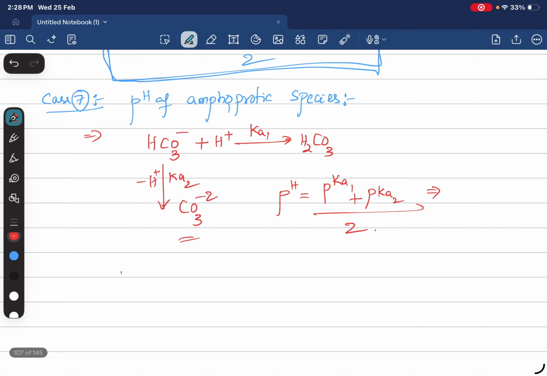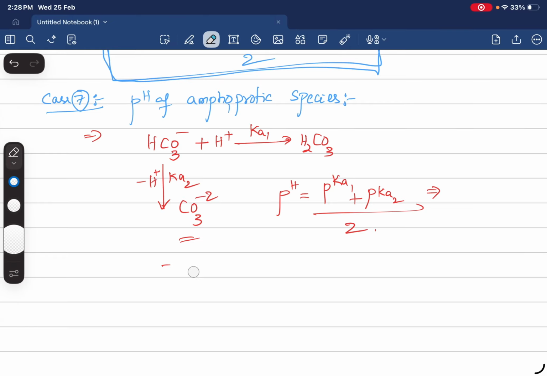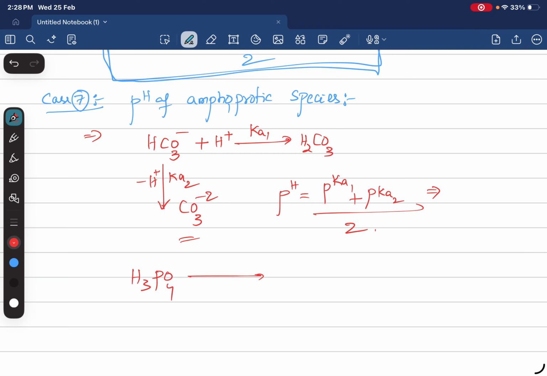Suppose if it is this one, if the HPO4 2- is there, just a minute. You can write H3PO4 loss of H+ converted into H2PO4-, further loss of H+ converted into HPO4 2-, further loss of H+ converted into PO4 3-.